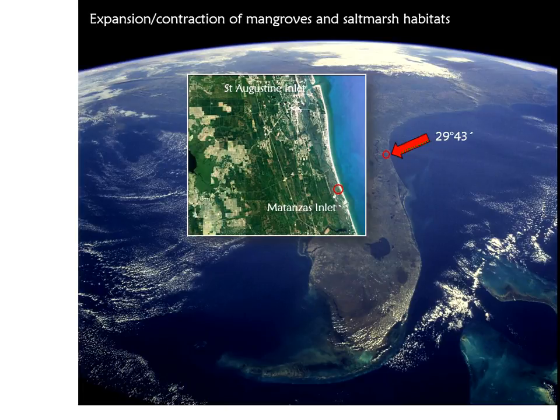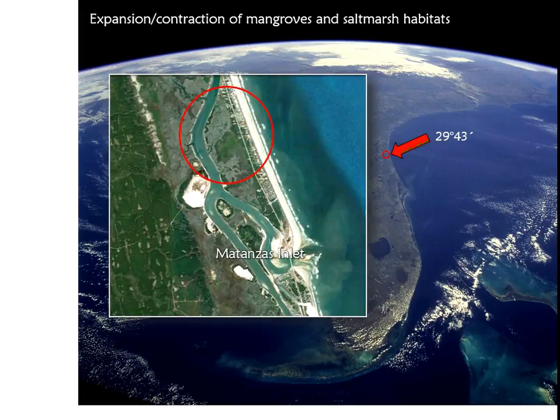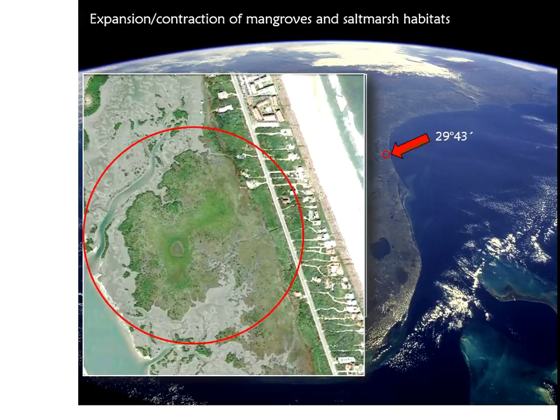Right there is the spot. So here's Matanzas Inlet, right where we are. If we go in a little closer, this is still Matanzas Inlet. It's this marsh right here. And you see this pond here? I think this is a sinkhole because it has never changed shape. Anyway, that's an orienting point for you.